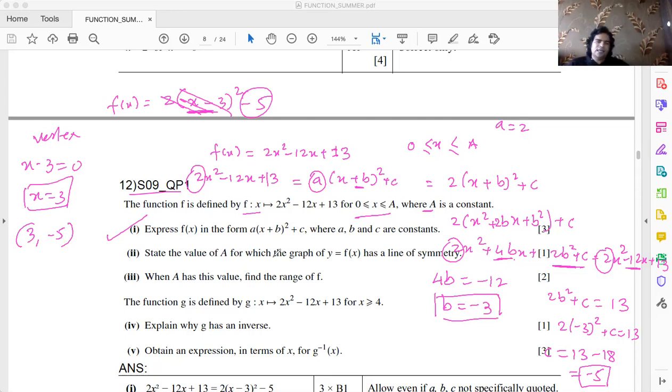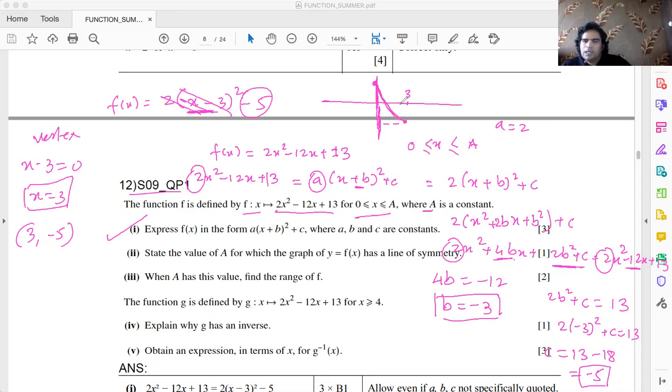Now they have given that you're graphing it from 0 to a. So let's say I graph this: 3 comma negative 5 is the vertex, so 3 is here and negative 5 is somewhere here. Your y-intercept is at 13, because if I plug x as 0 here, I get 13. So up till here, I have half the graph.